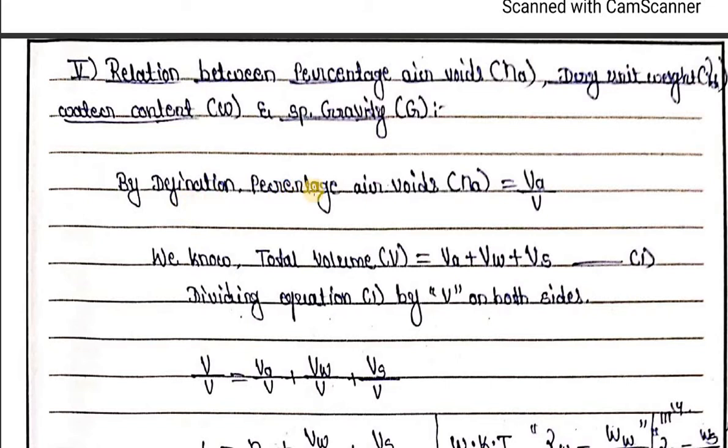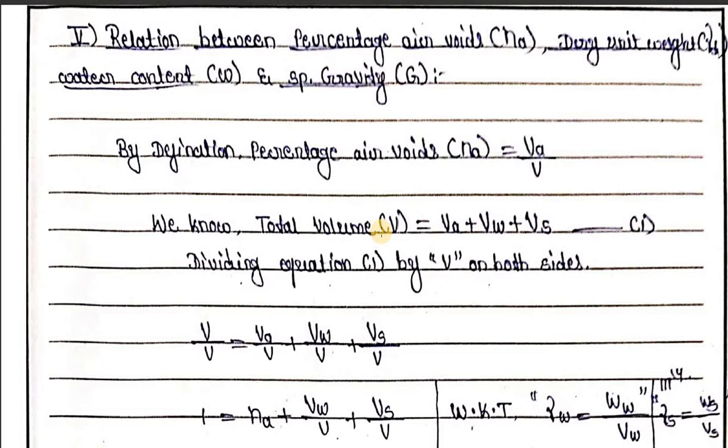By definition, percentage air voids is equal to volume of air divided by total volume, and we know that total volume is equal to volume of air plus volume of water plus volume of soil solids.